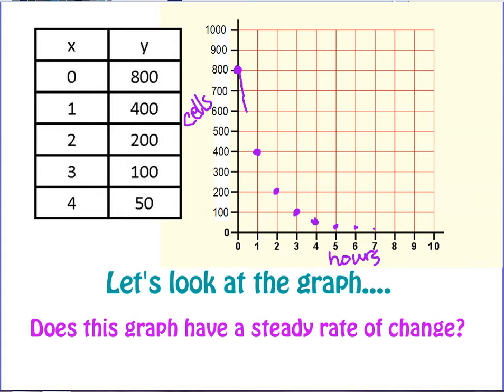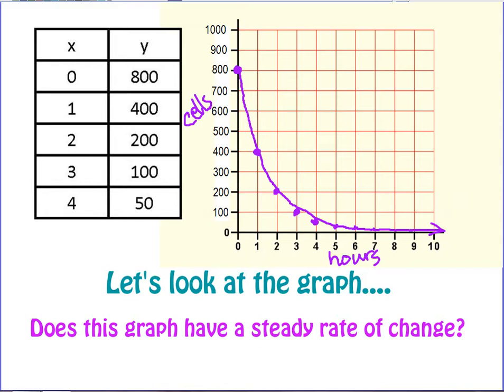When we draw in a line to visualize the pattern, is this the same type of line we had before? No, this is definitely not a straight pattern anymore, is it? This is definitely a curved pattern. Here's a quick question for you. If I keep taking half and half again and half again, am I ever actually going to reach 0 cells?